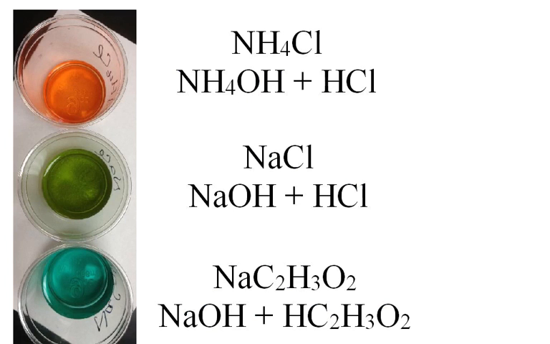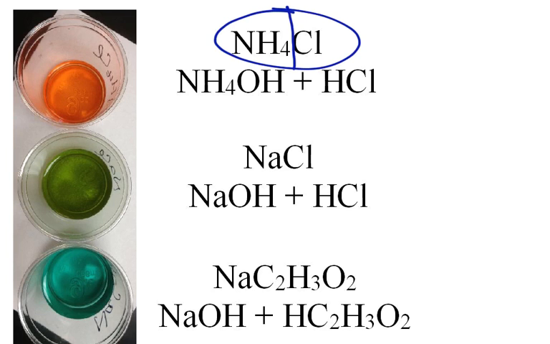Now here we have a couple different situations. The top one we said was ammonium chloride. So the way to go back and predict what's going to happen is to look at what acid and base made up this ammonium chloride in the first place. So mentally break that up into the anion and the cation.